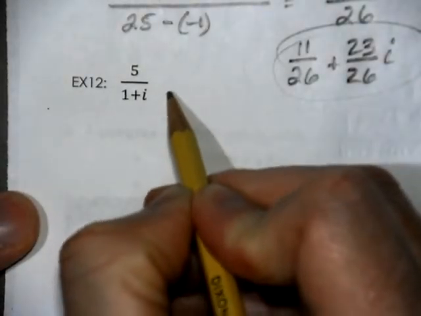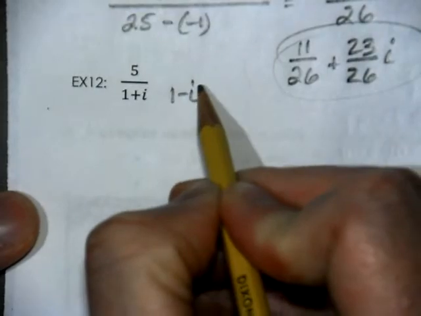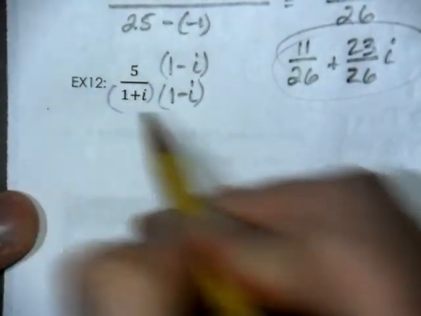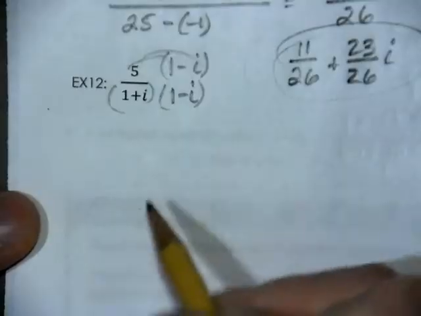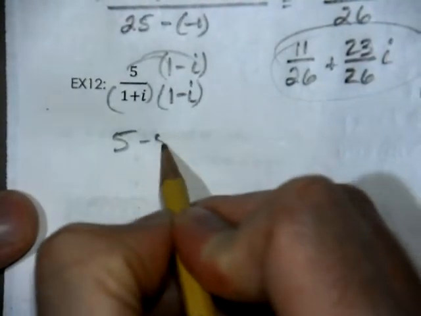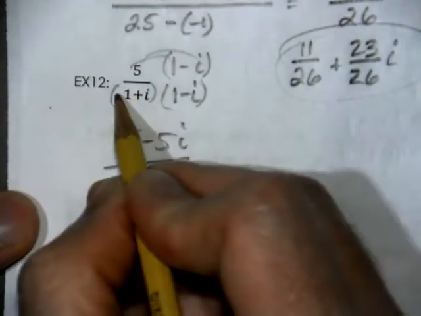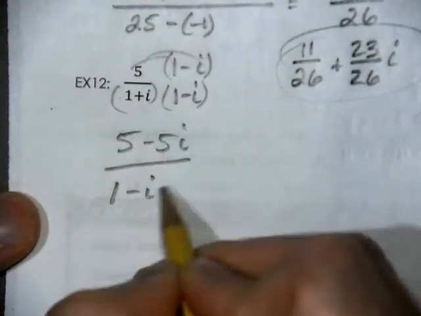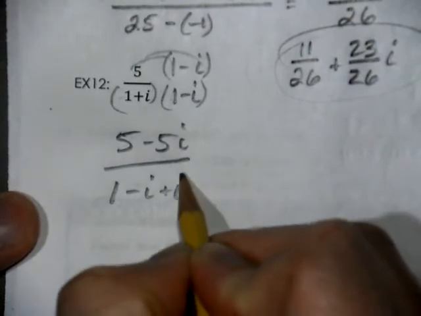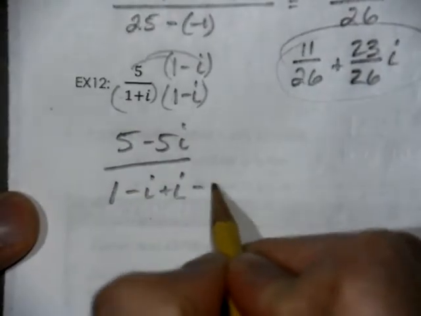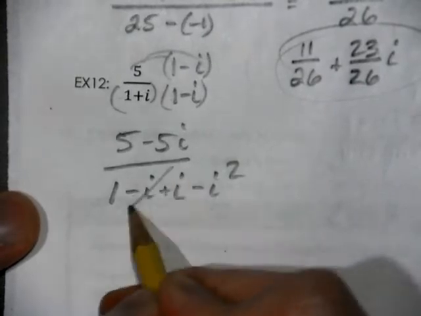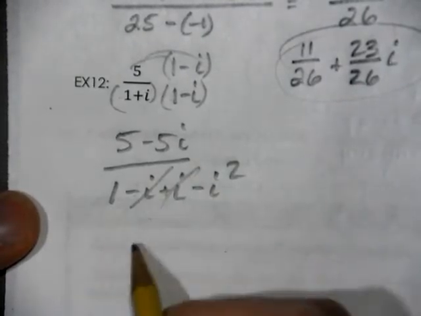So we're going to multiply by 1 minus i to the bottom and to the top because that's the conjugate. This is a little bit simpler. We got 5 minus 5i. 1 times 1 is 1. The outer, the inner, and the last. So a negative and a positive are going to cross each other out.